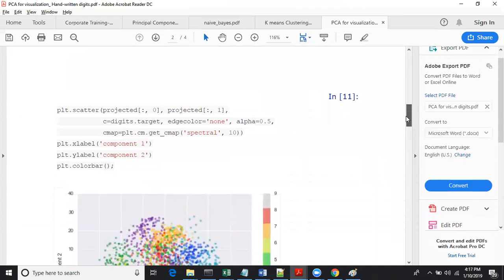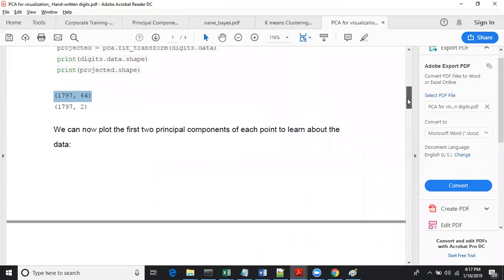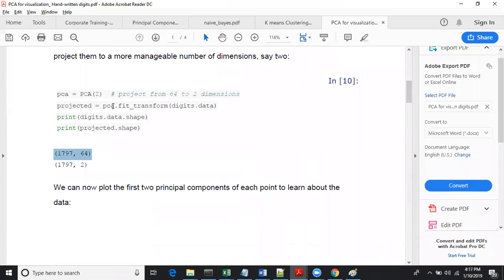Here if you see, after we convert it into 2 dimensions using PCA, what we have to do is the transformation. Generally, we do 2 dimensions, because that contains most of the information.